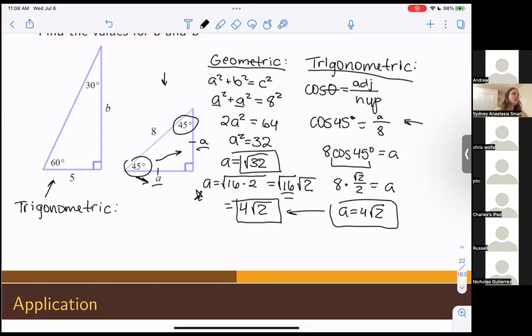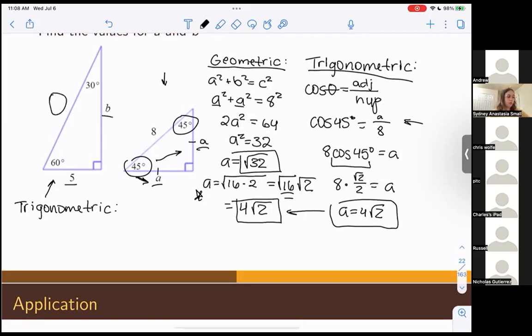Okay, so for this one, what do we know? We know that we have a 60-degree angle, a 30-degree angle, and we want to solve for B. So if we could form an equation where we just have one unknown, we'd be golden, and the unknown is B. So we want to use our unknown side and our known side.